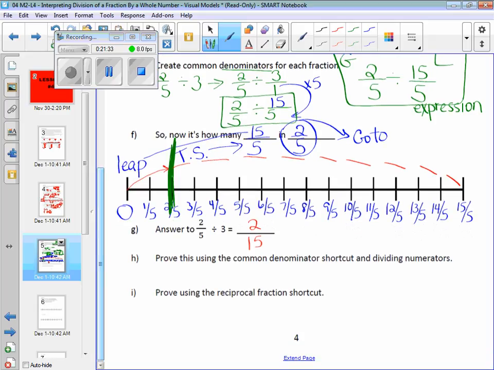Again, if you were to use this using a common denominator, you're going to take your original problem and then you rewrite it. You get your common denominator, which you already have.